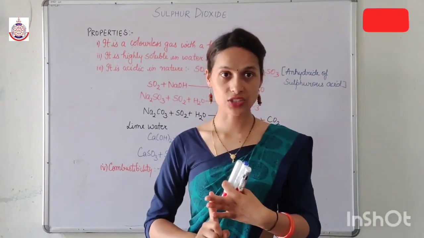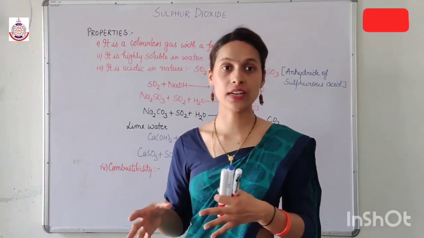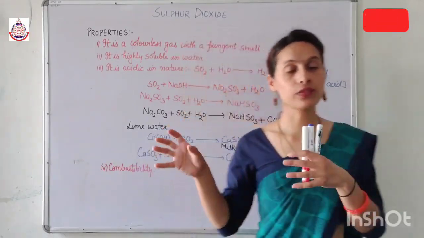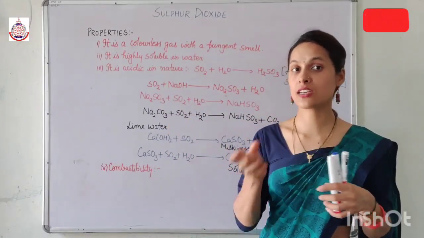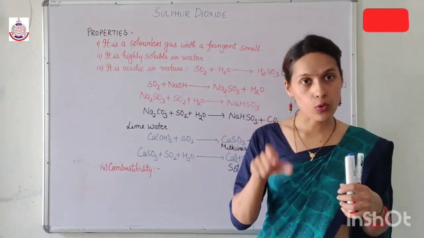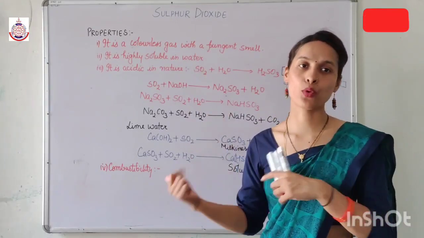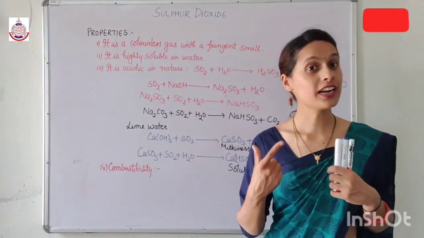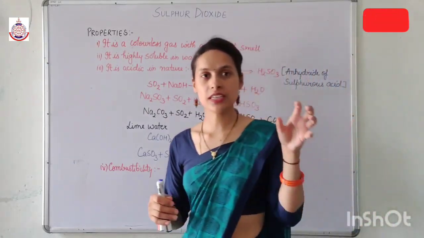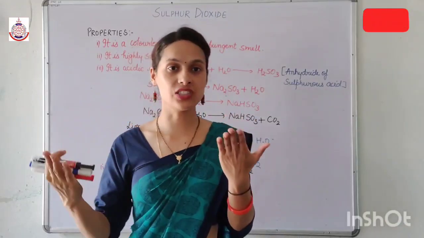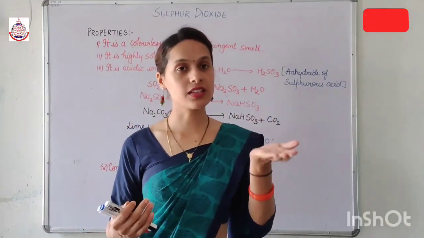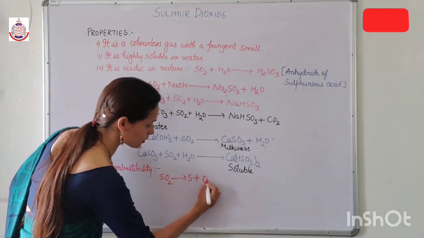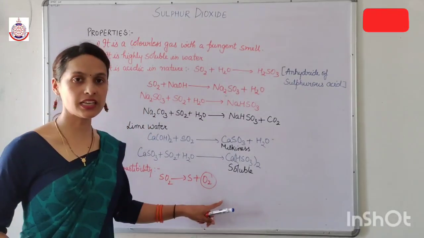That high energy results in the breakage of sulfur dioxide into S and O2, and the O2 formed in the reaction is a supporter of combustion. That's why these metals keep on burning in the presence of sulfur dioxide.